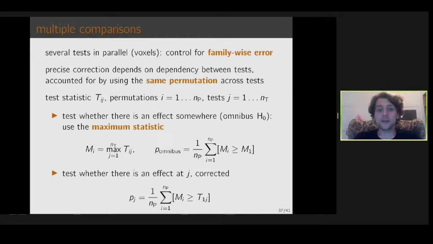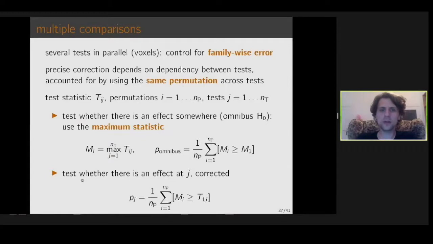The maximum statistic is, for each permutation, the maximum across all voxels. And the omnibus p-value would then be given as the rank of the maximum statistic calculated from the original data within all maximum statistics calculated from the permuted data, divided by the number of total permutations.